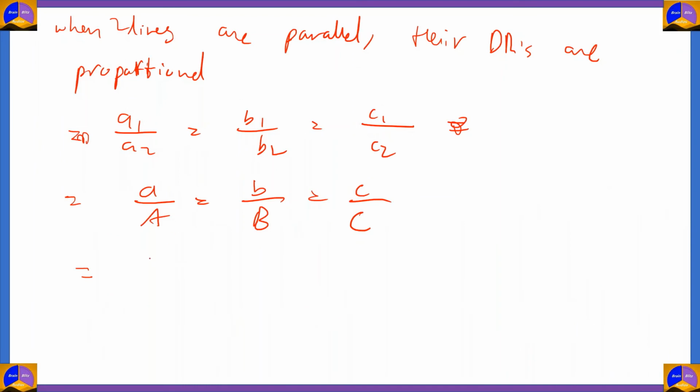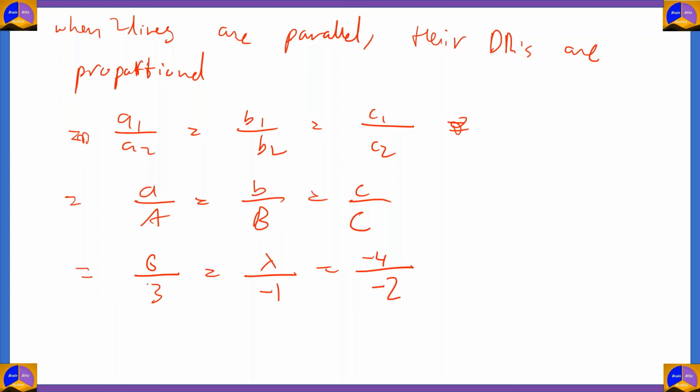So a is given as 6. So 6 divided by capital A, which is 3, is equal to small b, which is lambda, divided by capital B, which is minus 1, is equal to small c, which is minus 4, divided by capital C, which is minus 2.